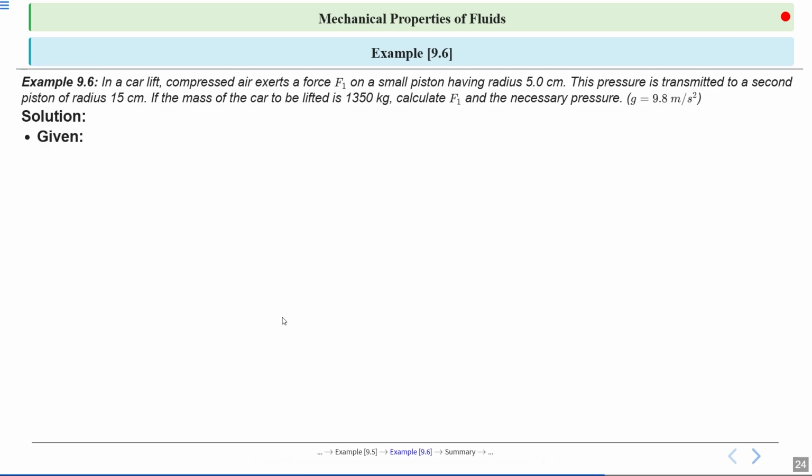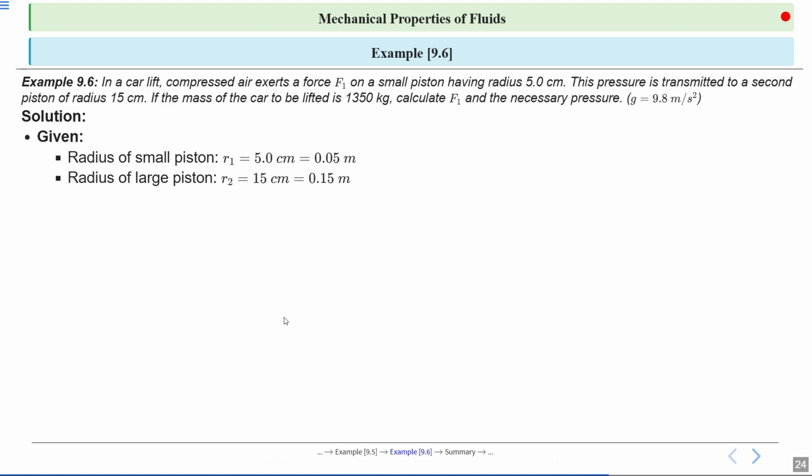So let's start by looking at the given information for this problem. The radius of the small piston is given as 5.0 centimeter, which we convert to meters for consistency in our calculation, so it will be 0.05 meter. The radius of the larger piston R2 equals 15 centimeter, which we convert to meters, so it will be 0.15 meter.